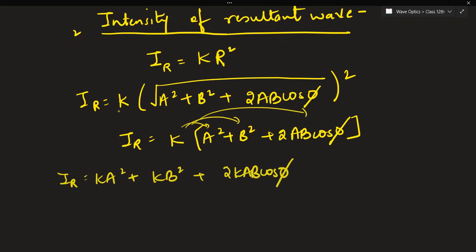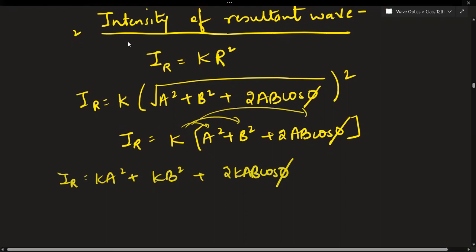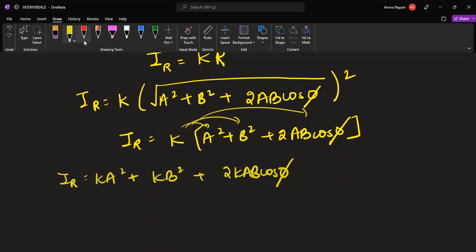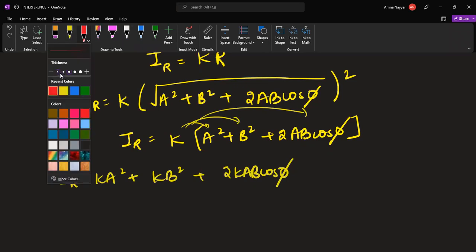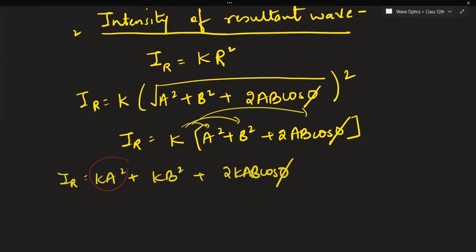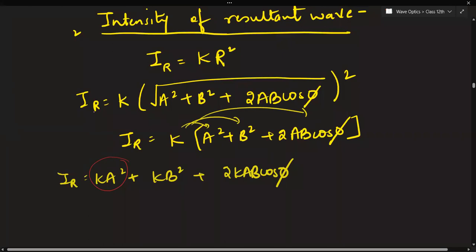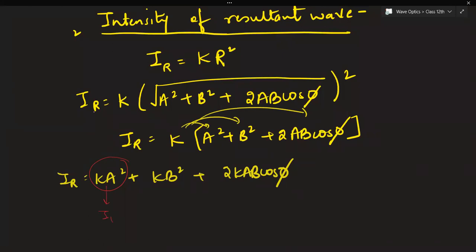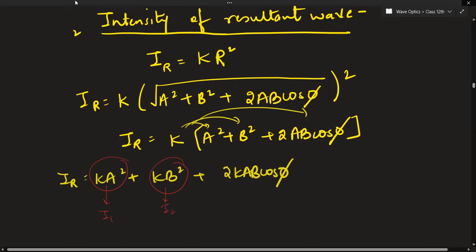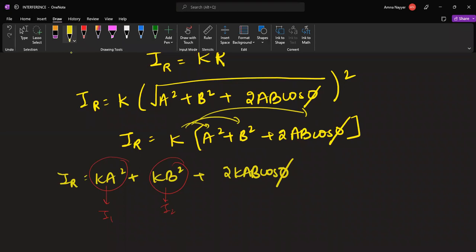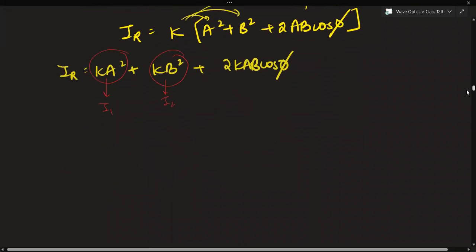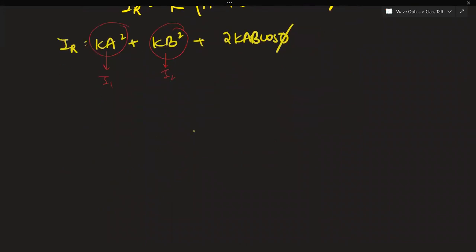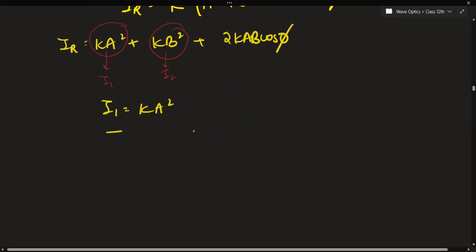All right. Now one thing, class. See here, Ka square, remember I have told you this is equal to I1. And Kb square is equal to I2. Right? Now see, I1 is equal to Ka square, so take roots on both sides.